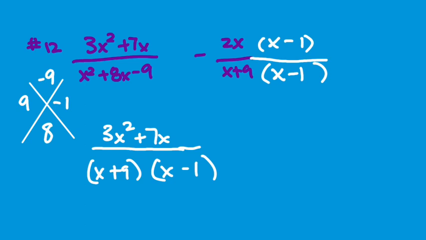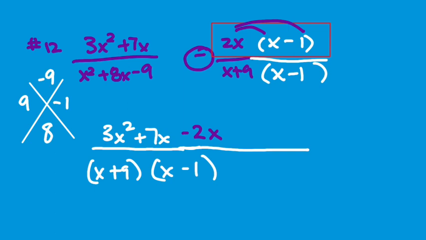We're just going to extend this, and now we have one common denominator, so I can look at what I will be adding. It says I'm subtracting all of this, so in order to evaluate it, I need to use my distributive property. Negative 2x times x is negative 2x squared, and negative 2x times negative 1 is positive 2x.